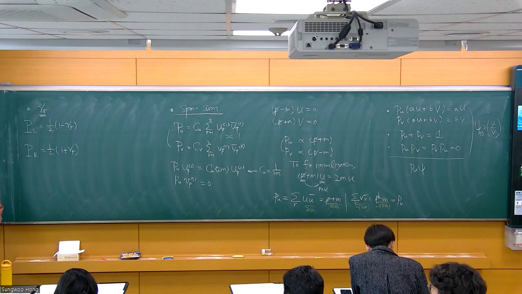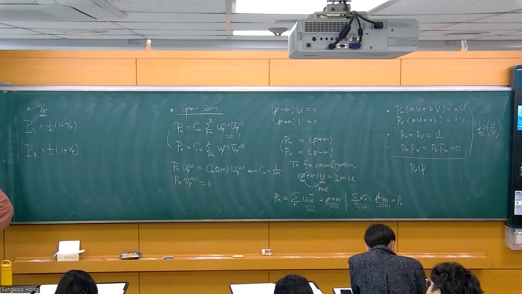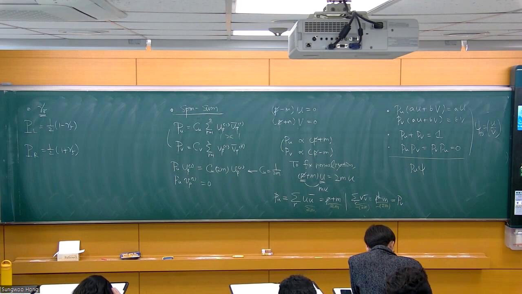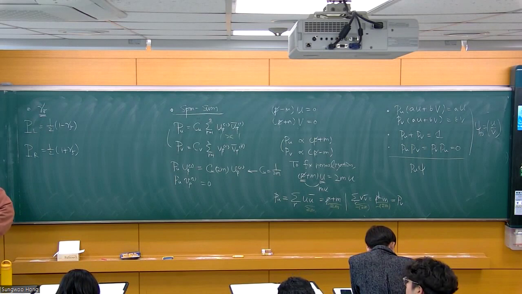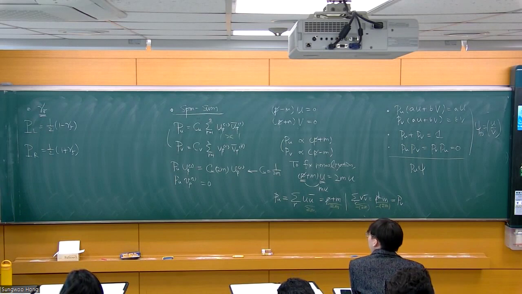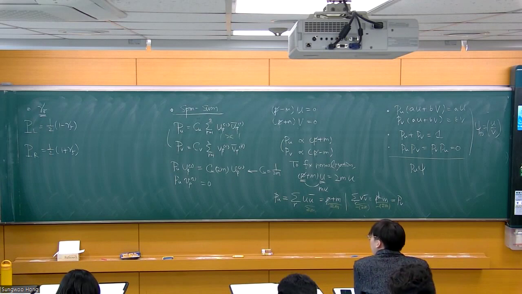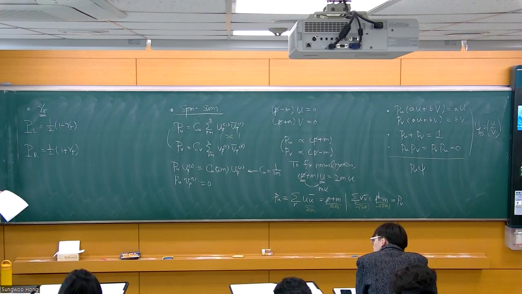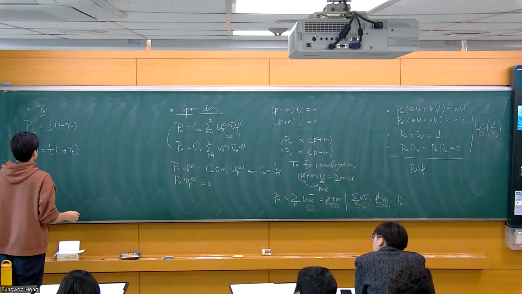So this one I actually want to demonstrate more explicitly. I just need an expression for gamma 5 in the Dirac versus Weyl representation.